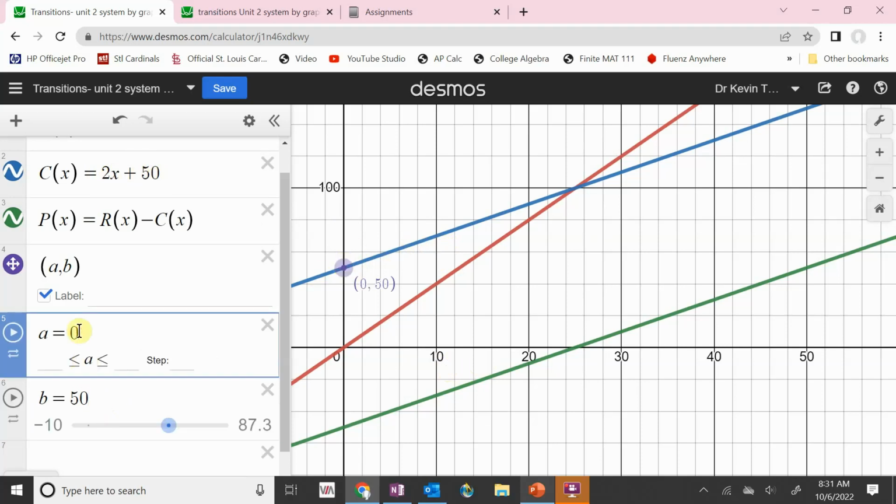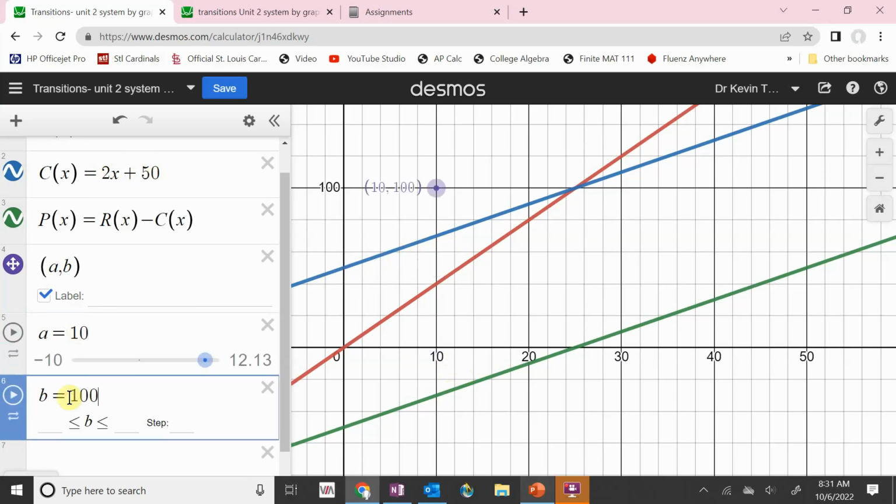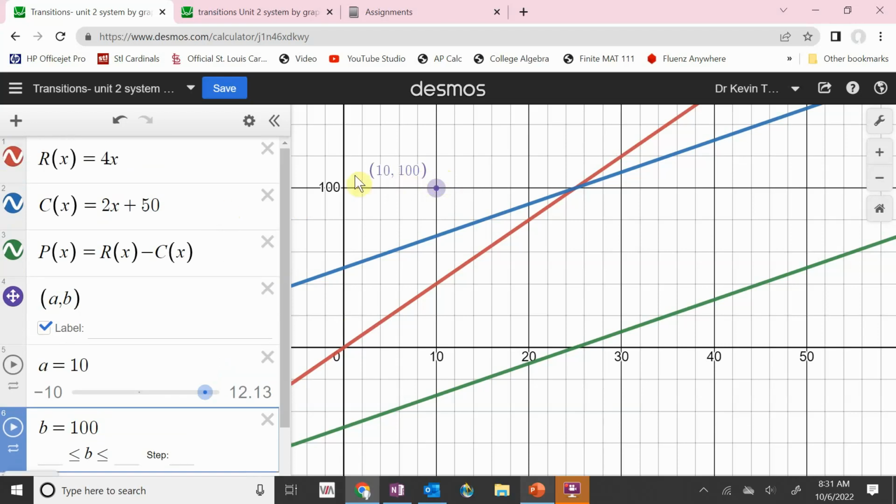So if I ask the question about (10, 100), so I move this point up here to (10, 100), and I ask you, does that (10, 100) correspond to selling 10 items and the revenue that we would generate? Well, no, because right here we can see that the revenue generated for selling 10 items should be $40.